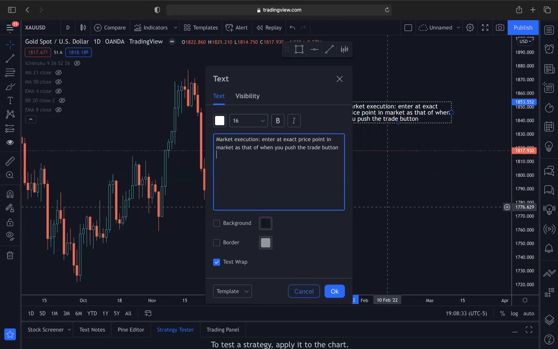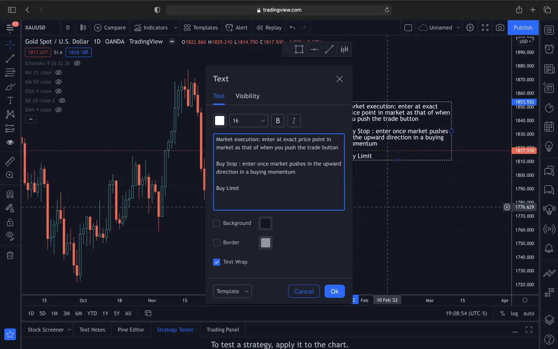All right. Then you have a buy stop. Enter once market pushes in the upward direction in a buying momentum.